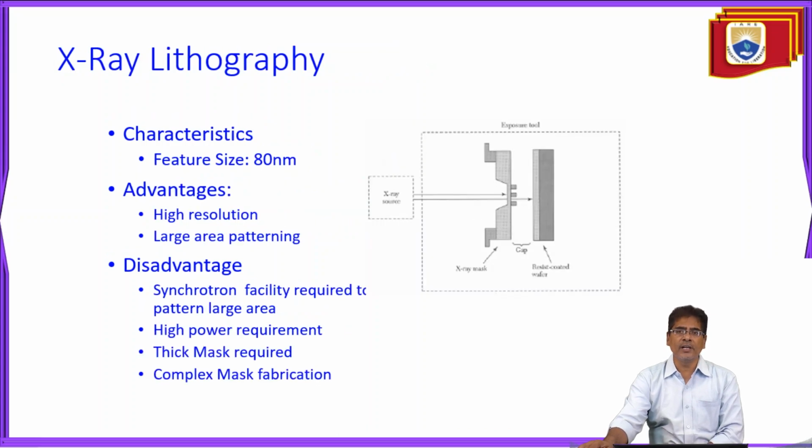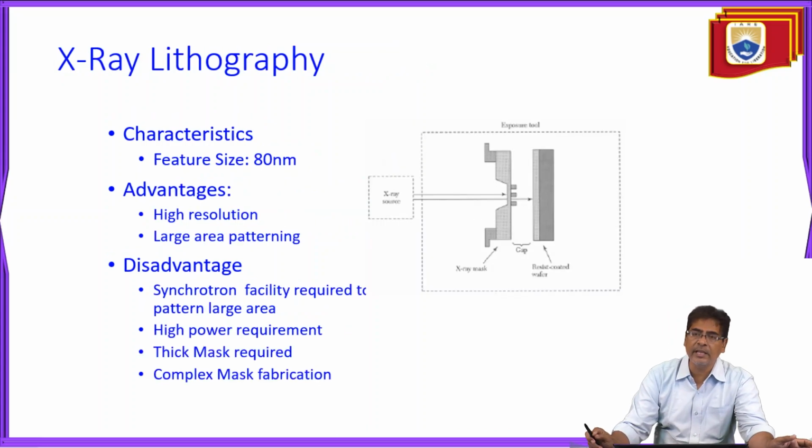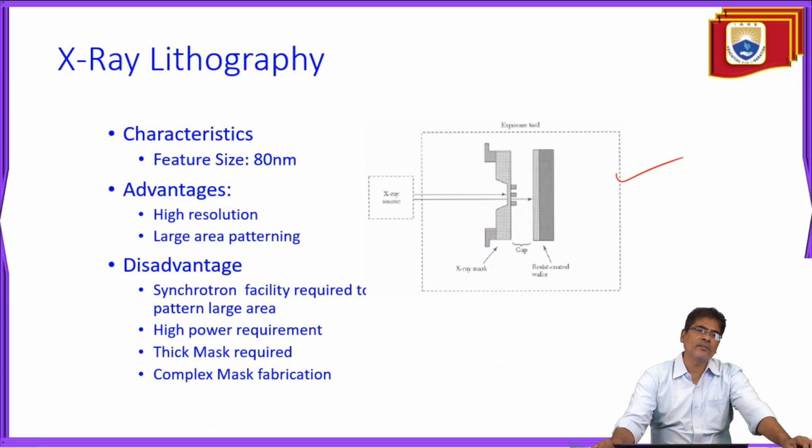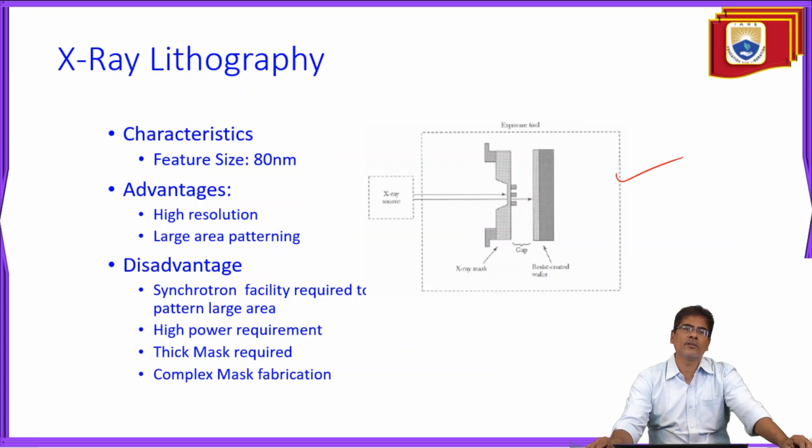Now the X-ray lithography. The characteristic feature size is around 80 nanometers. The advantages of X-ray lithography are high resolution and large area patterning.